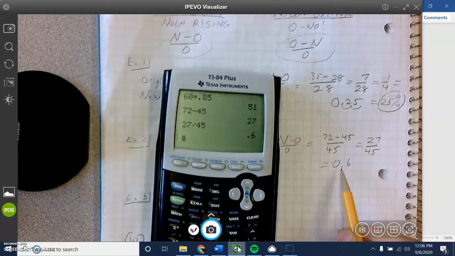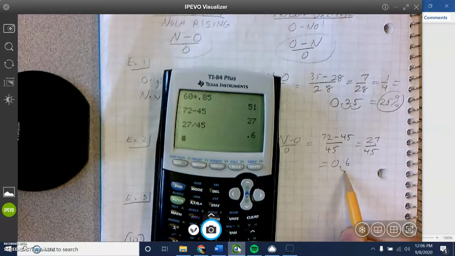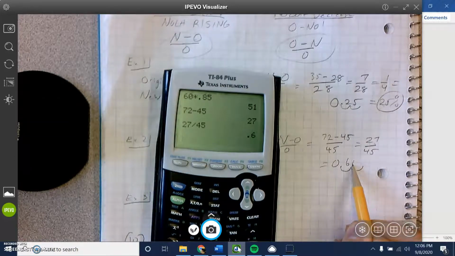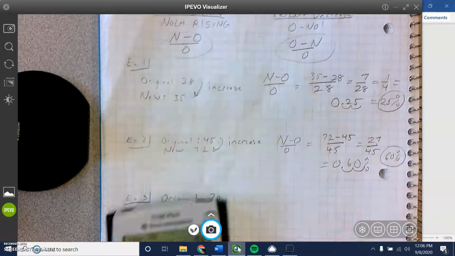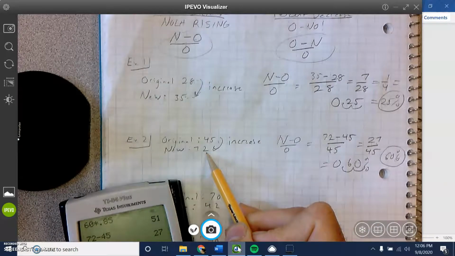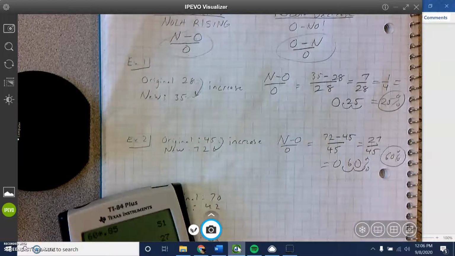That's your decimal. Last thing, you gotta convert the decimal to percent, move the decimal to the right, which is 60%. So it's a 60% increase. If you go from 45 to 72, you increase by 60%.